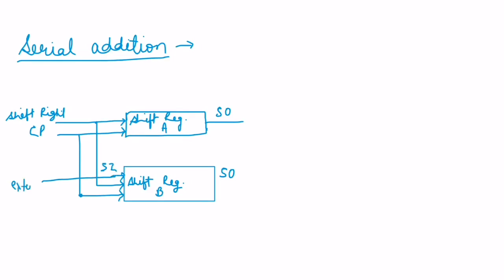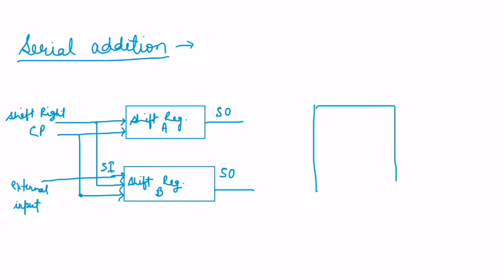This is the external input. These two bits must be sent to a full adder circuit. In a full adder circuit we have three inputs and two outputs, the sum and carry bit.